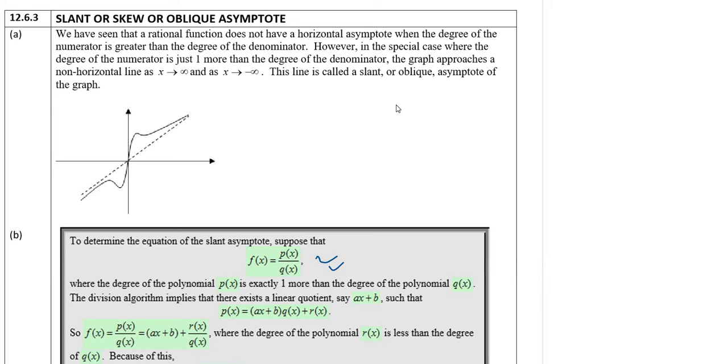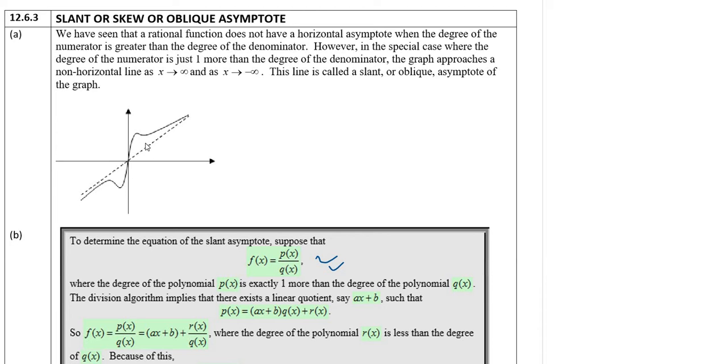So a rational function either has a horizontal asymptote, or a skew or slant or oblique asymptote. Okay. And when will it have a skew? Here it is indicated, the skew one over here.